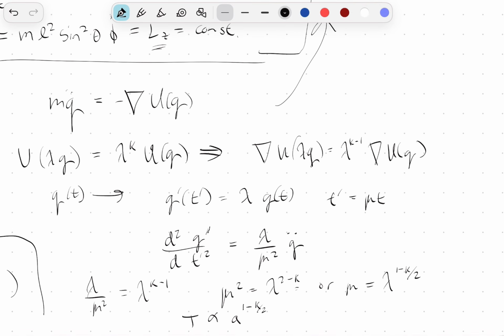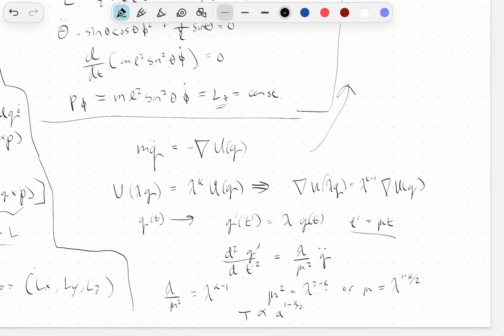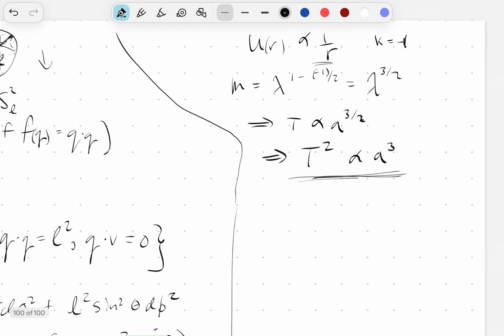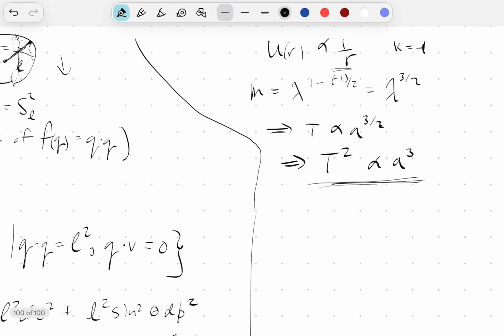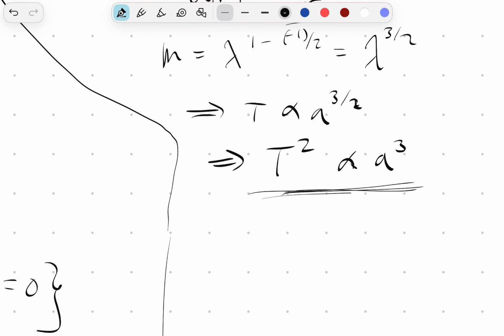And the clock, the characteristic timescale, must slow down or speed up by exactly the right factor that preserves Newton's equations. So for gravity, a large orbit will feel a weaker force, and a required slowing will give us that the period squared should be proportional to a cubed. Okay?